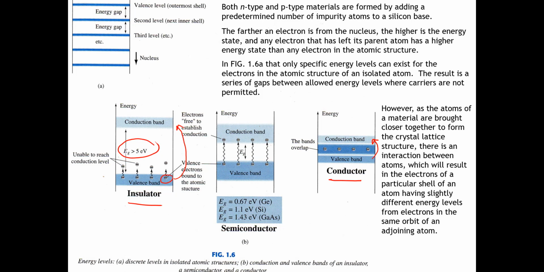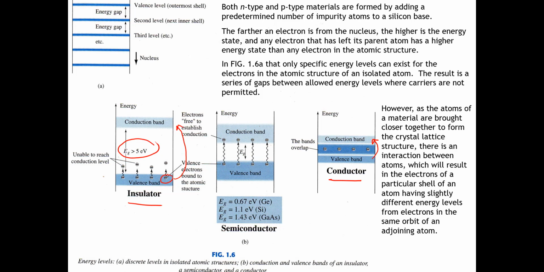So in an insulator, the current cannot flow. Actually, the current can flow in an insulator if we have a very high energy level. The electron from the valence band can reach the conduction band if the energy coming from outside the insulator is very high, so the electron can move to the conduction band.